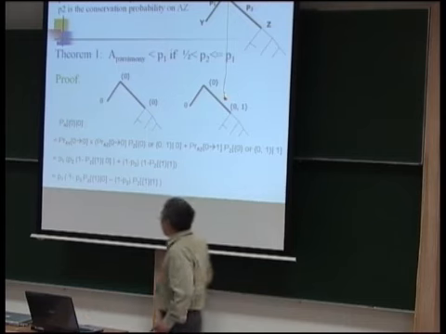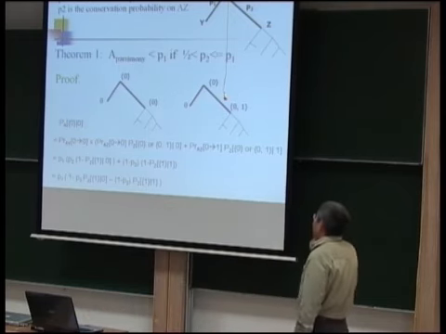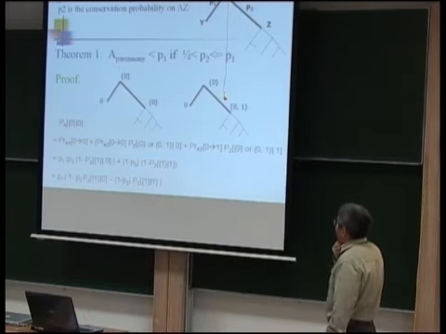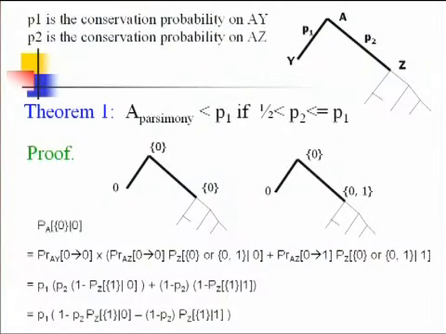For this one we can prove that the reconstruction accuracy of the parsimonious Fitch method is actually smaller than P1, which is the conservation probability on the short lineage, the sister lineage.